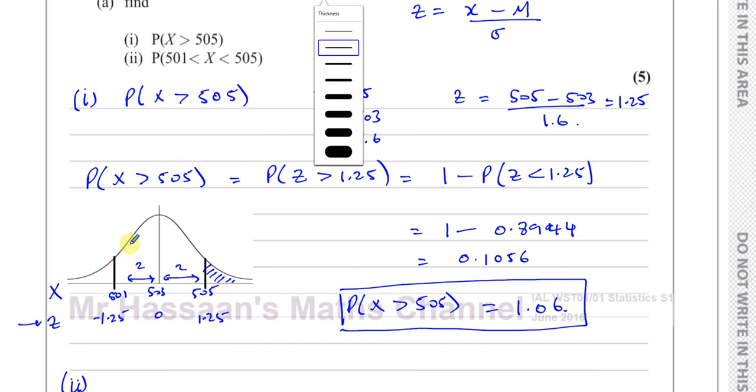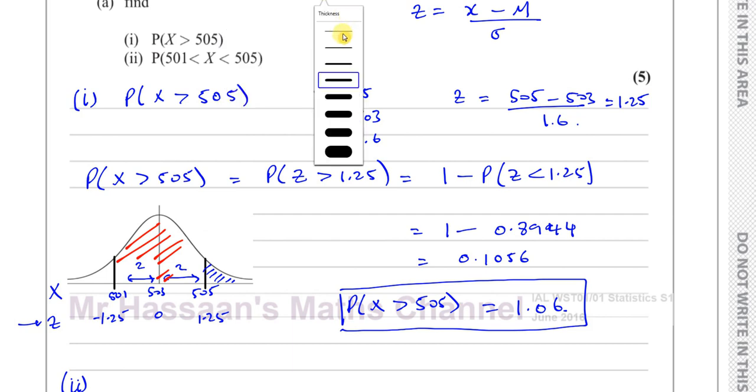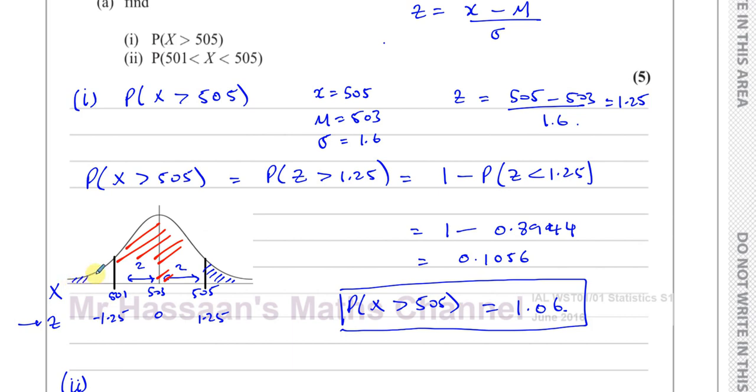We need to find the area in this region here. Because of the symmetry that we see, we can use that symmetry to our advantage. So I can see that this area here and this area here is the same. So if this area is 0.1056, then this area is also 0.1056.